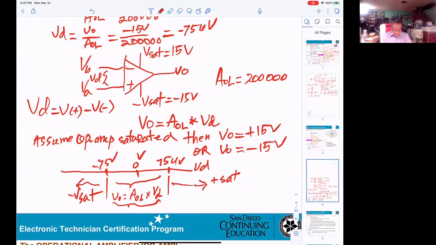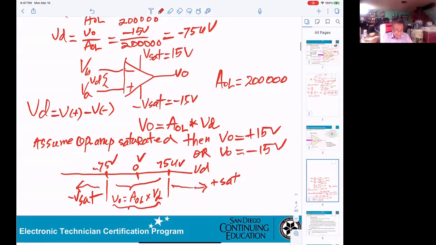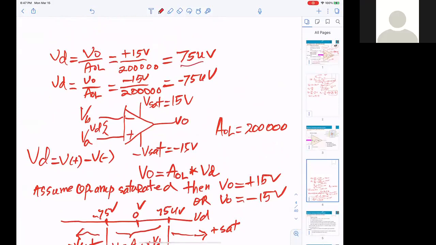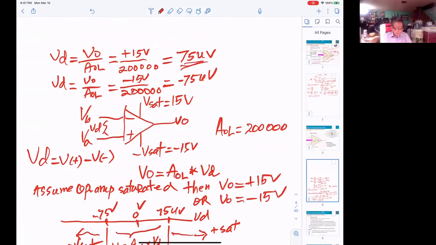That's why VD equals 15 volt divided by 200,000. That's the limit for the VD between active and saturation. That means any VD higher than 75 microvolt, they will be saturated. And when they are saturated, you cannot use the gain 200,000 to multiply by VD. The output has to be equal to the saturation.